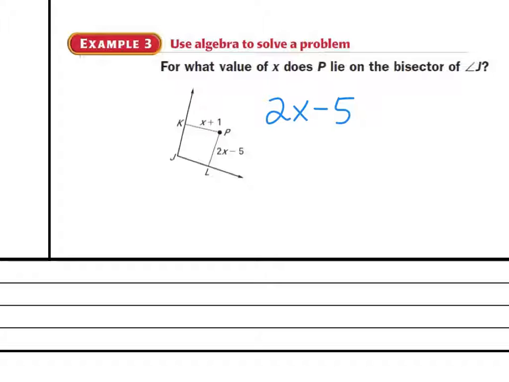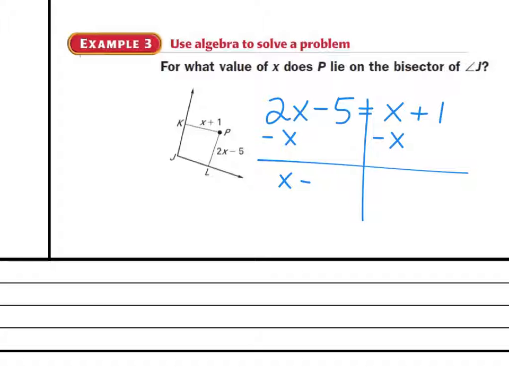So that way P is equidistant, so we know it's on the bisector. So set them equal and solve. I'm going to subtract x. That would give me, oh gosh, x minus 6 equals 1. That's wrong. I'm sorry. I should say x minus 5, right? And then add 5, and you should have x equals 6. And that's all it asked for, so you're done.